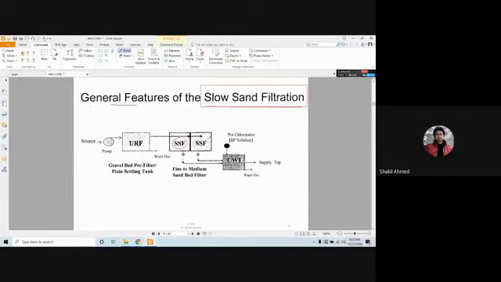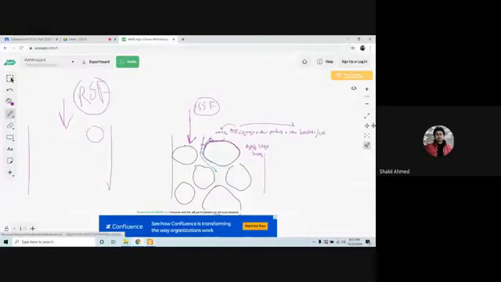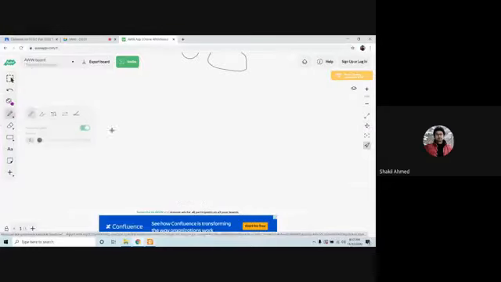That means they are using two slow sand filters in series, one after another. First the water will move through slow sand filter 1, and for further treatment, the water will move to the next slow sand filter, slow sand filter 2.